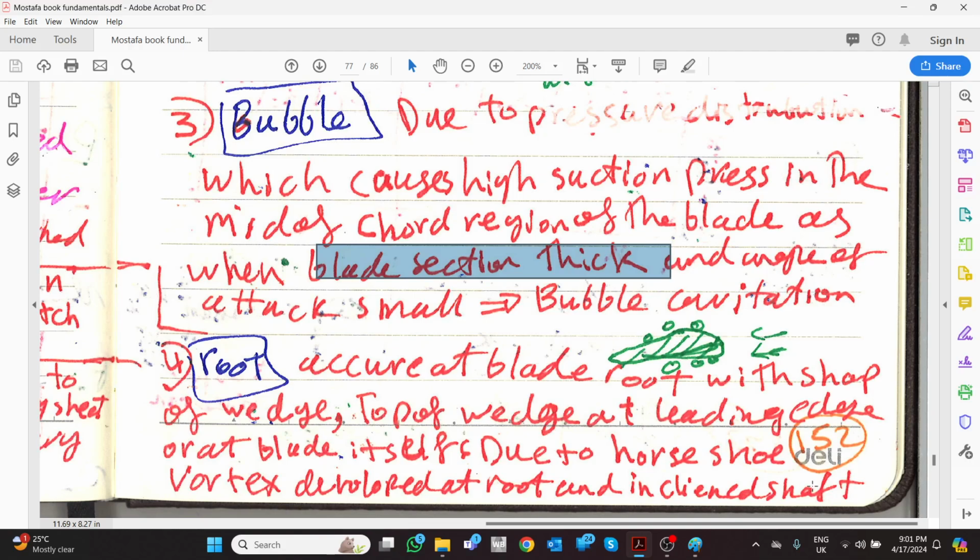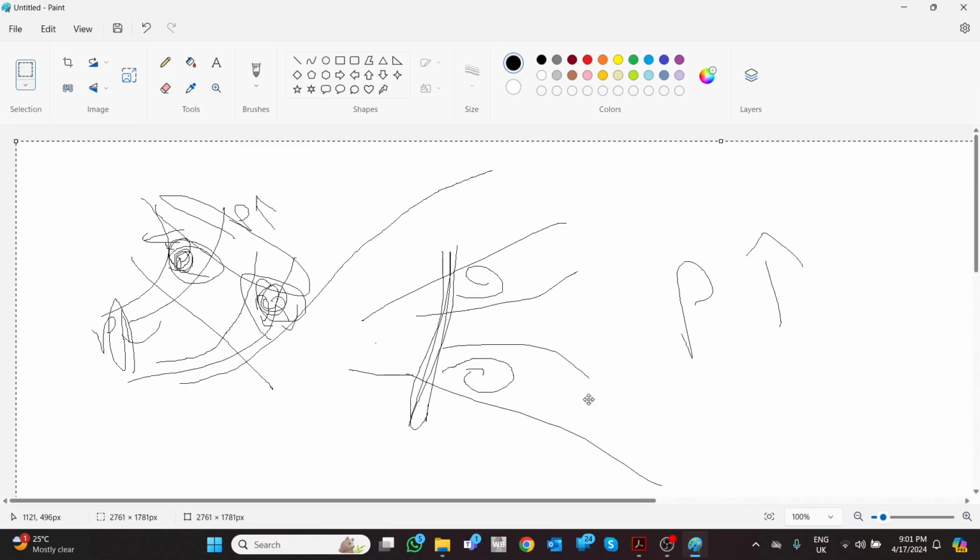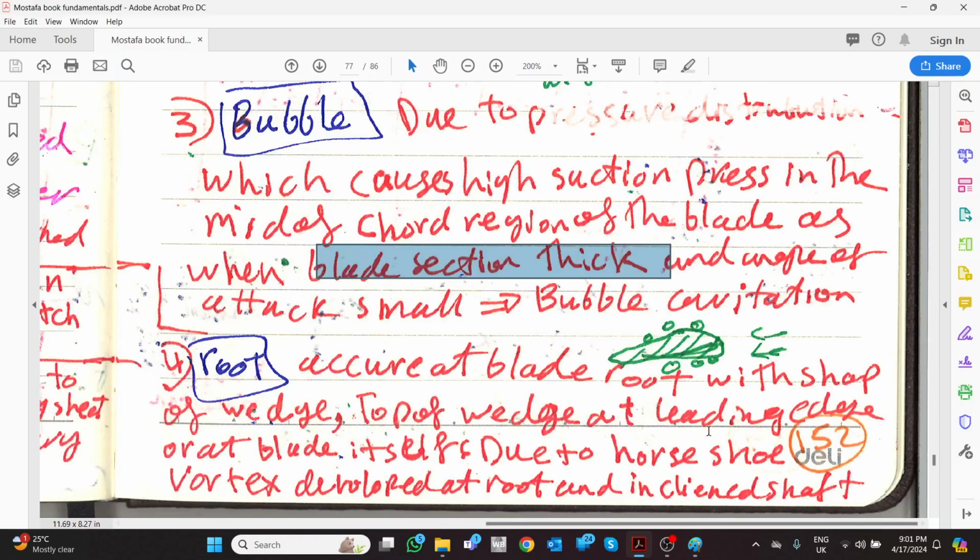To explain it, imagine that you have a plate, and the start of the plate, the root of the plate, with the shape of a wedge.